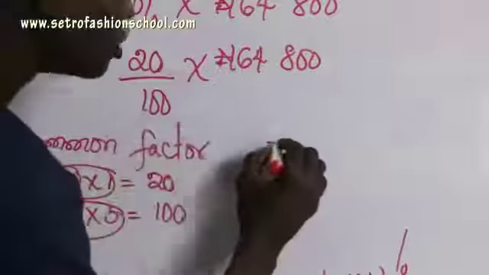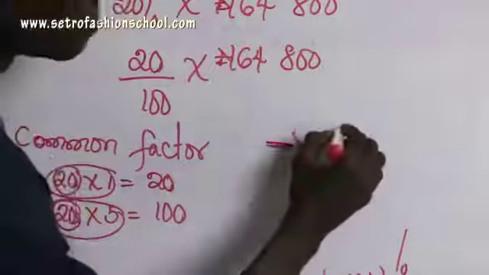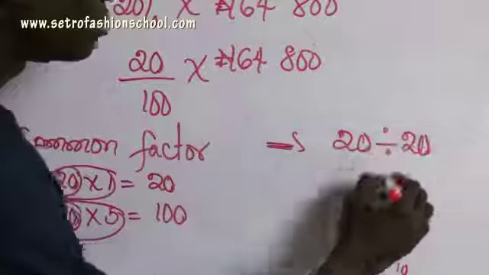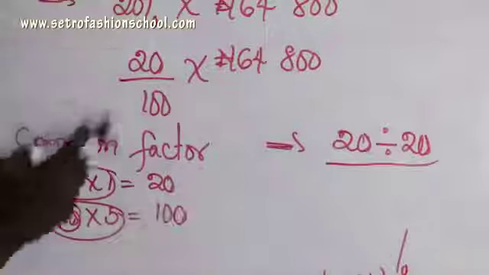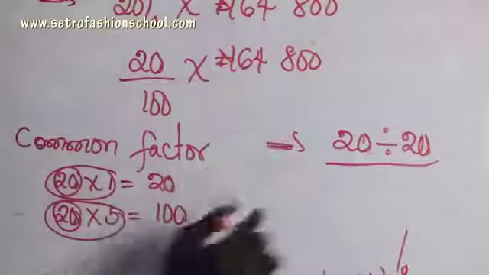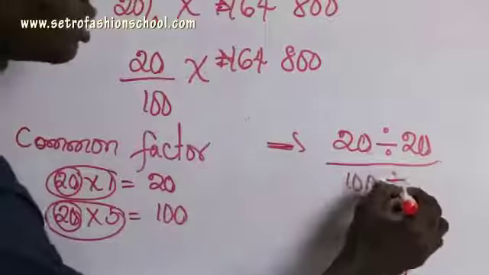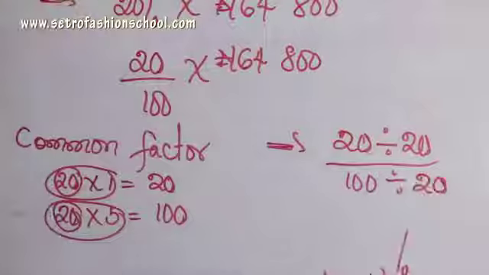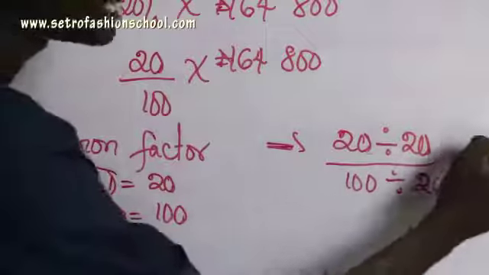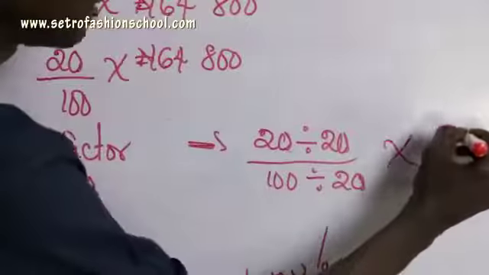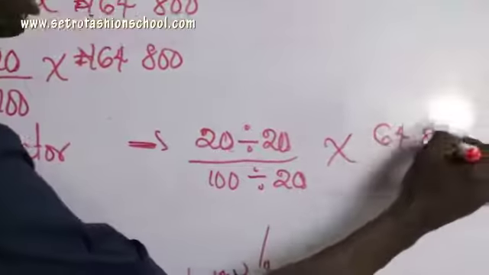So that leads us to the next step. That's going to be 20 divided by 20, because 20 can go in 20, based on what we've done here. So this 100, divide it also by the common factor, which is 20. Then times, don't forget this is still there, 64,800.